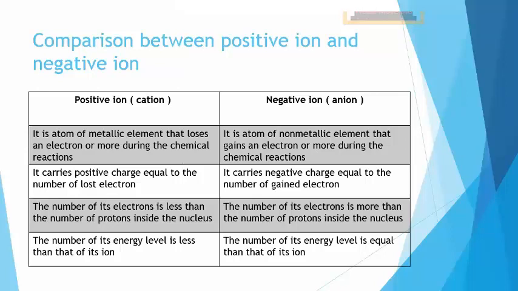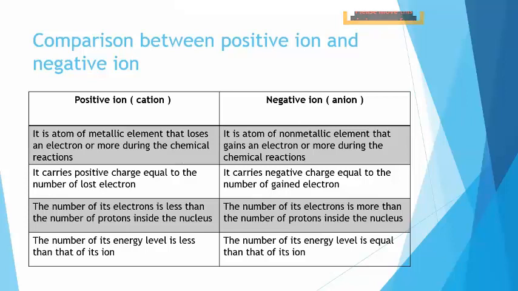But the negative ion is an atom of a nonmetallic element that gains 1 electron or more during the chemical reaction. A positive ion carries a positive charge equal to the number of electrons lost during the chemical reaction. But the negative ion carries a negative charge equal to the number of electrons gained during the chemical reaction.